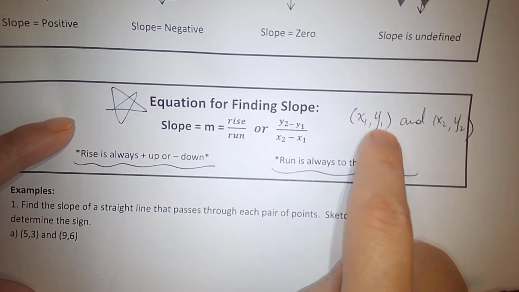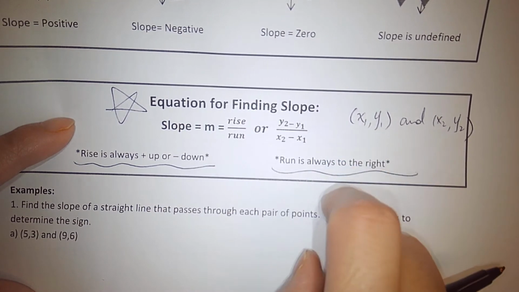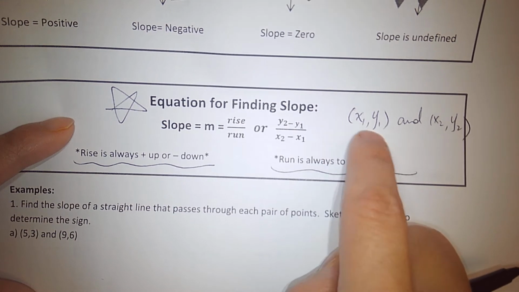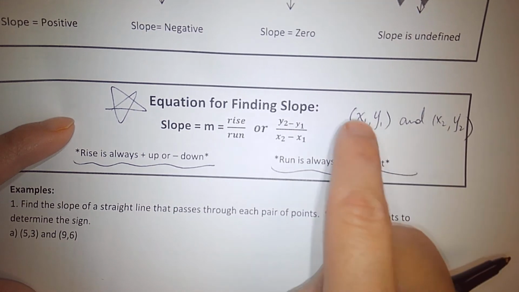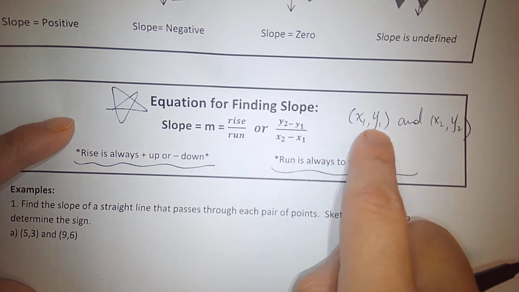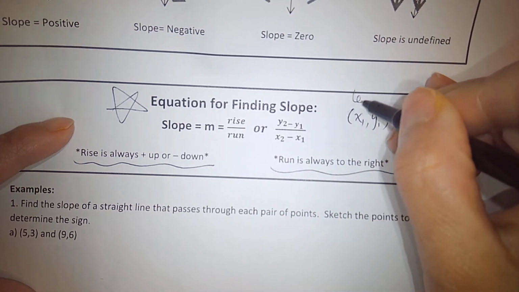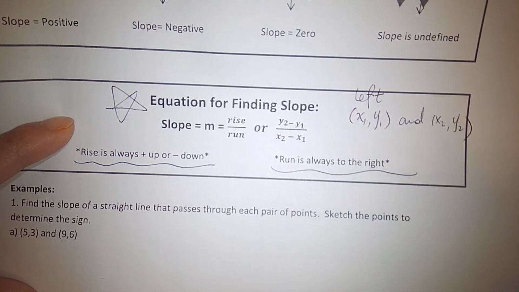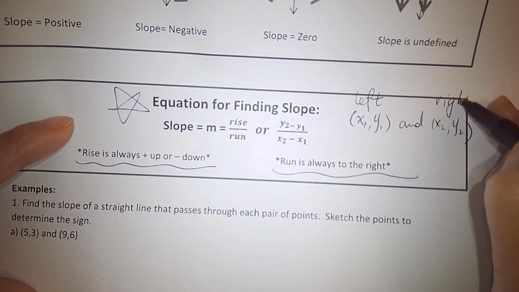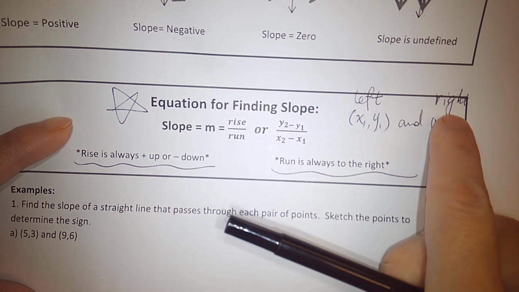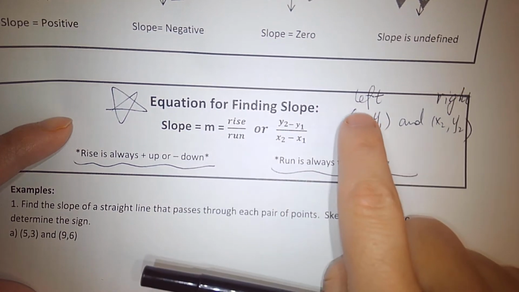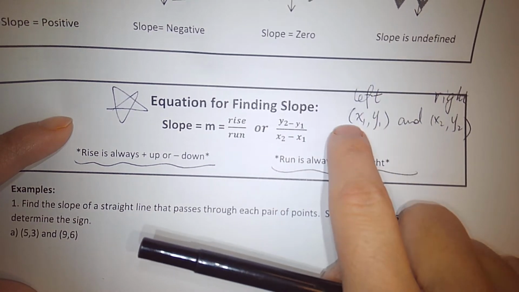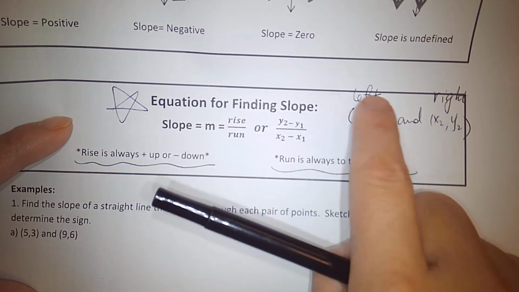And then you may ask, if we have two points, how can we determine which point is the first point and which is the second point? The point on the left we always consider the first point, x1, y1.